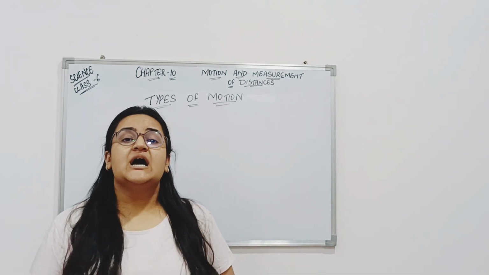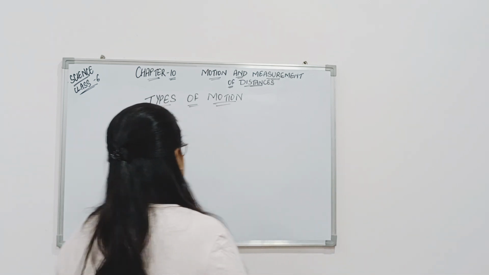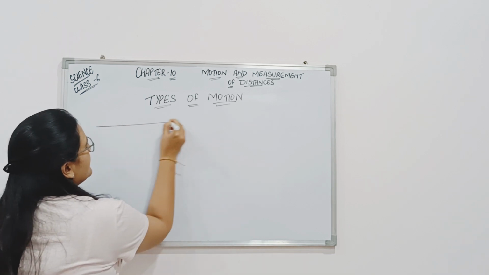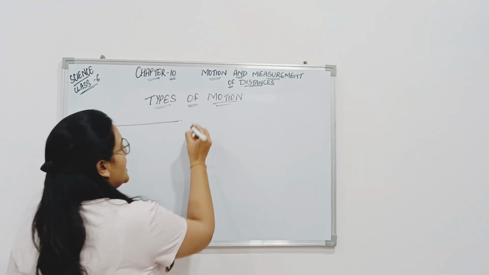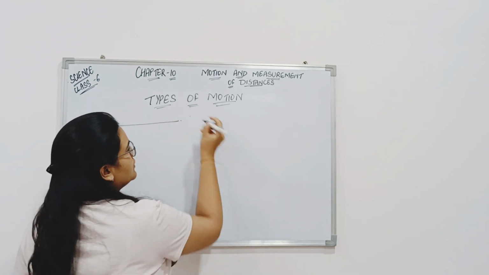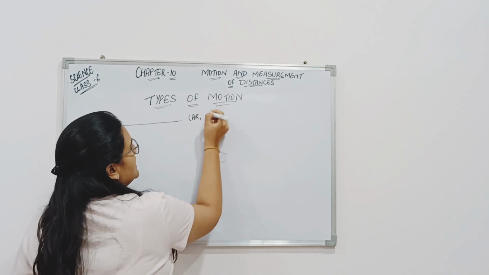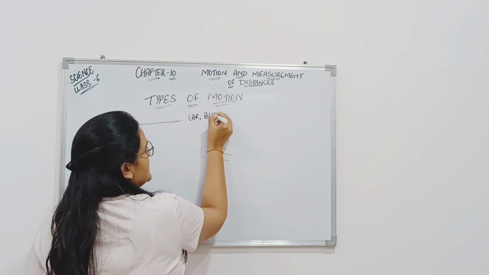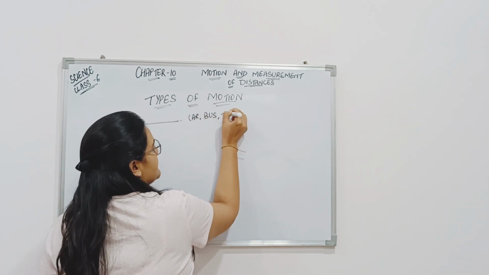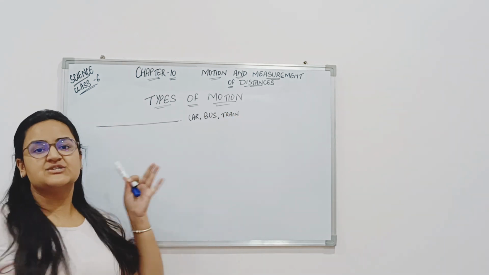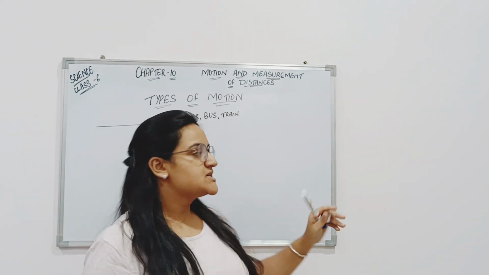When we are talking about motion in a straight line, for example anything moving on a road, such as a car, bus, or train, these all move in a straight direction, right?